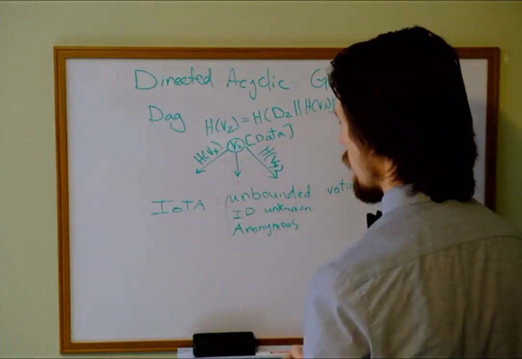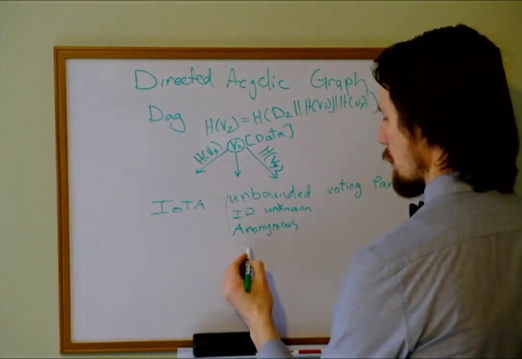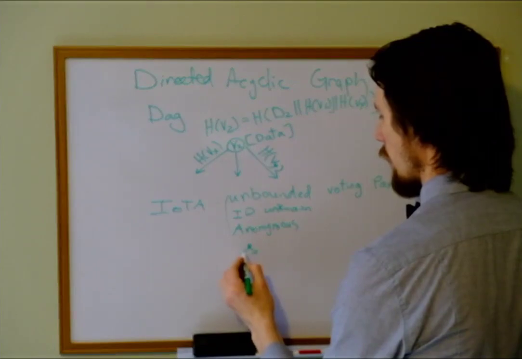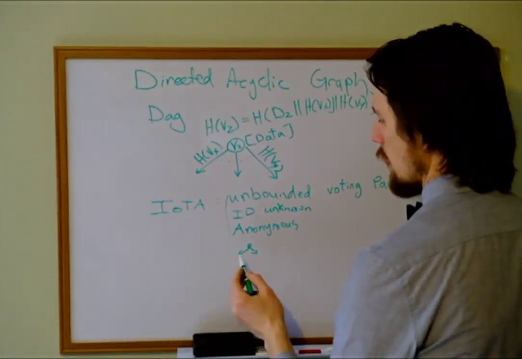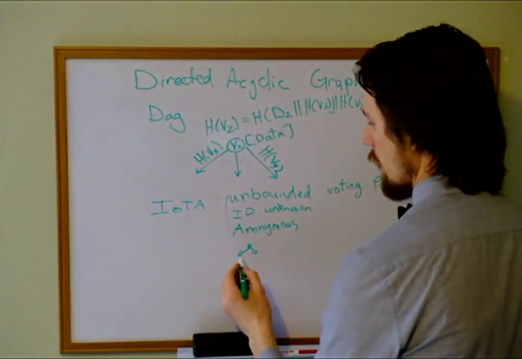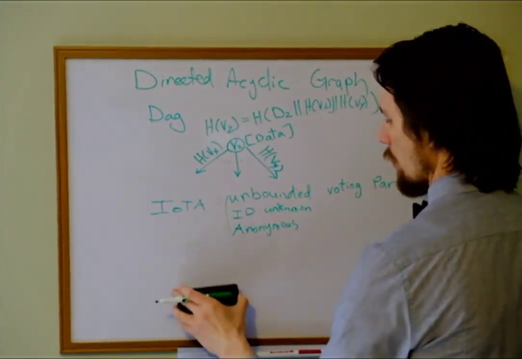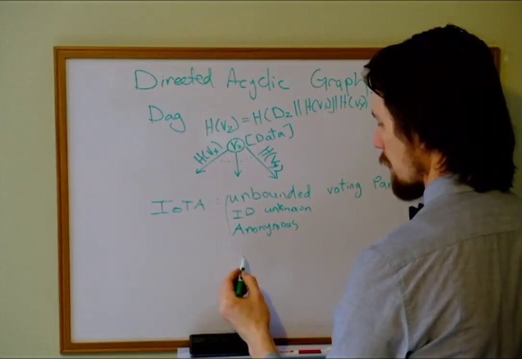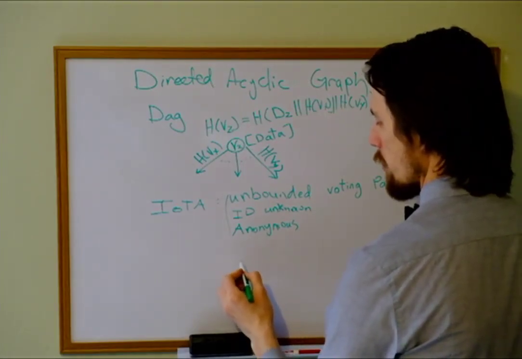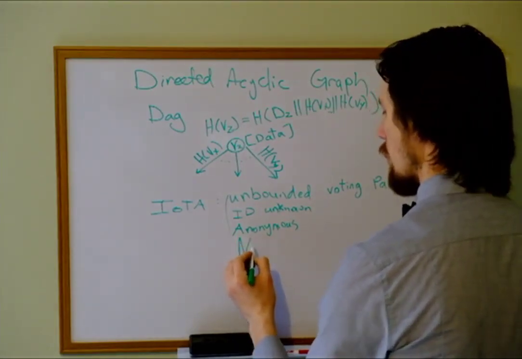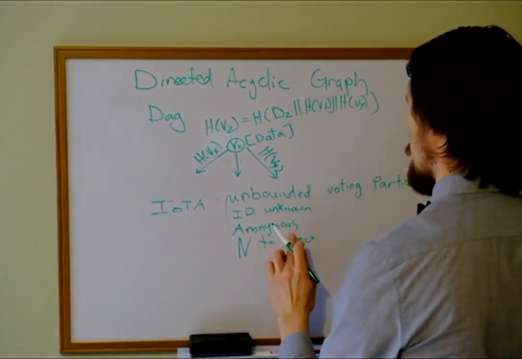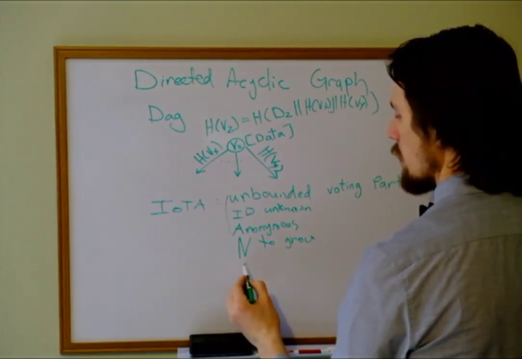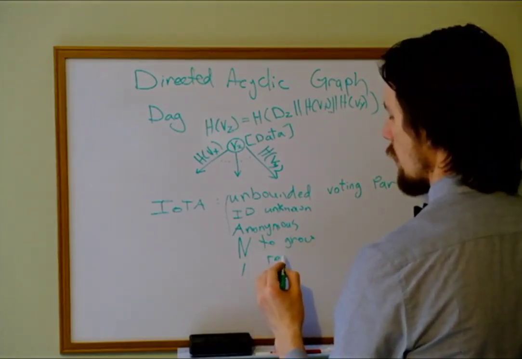And that means that when people are voting on things in IOTA's case, if it were any number, it would take any number to grow, and it would take 1 to shrink.